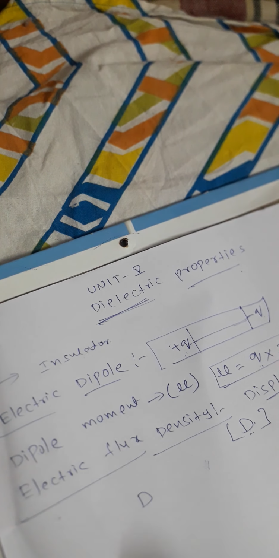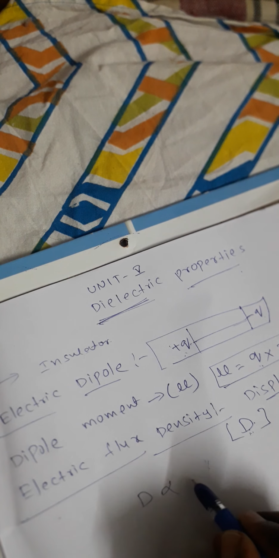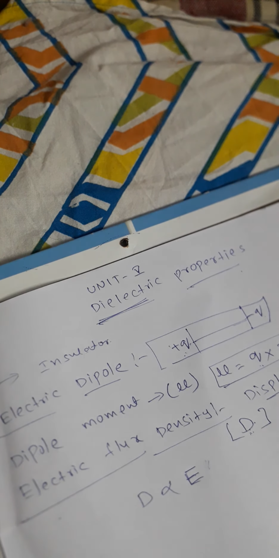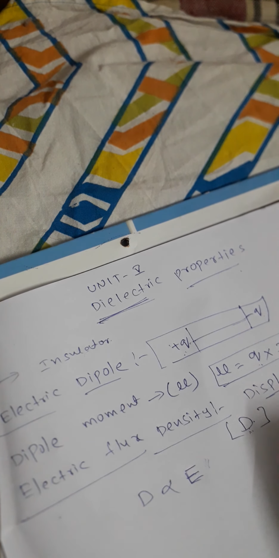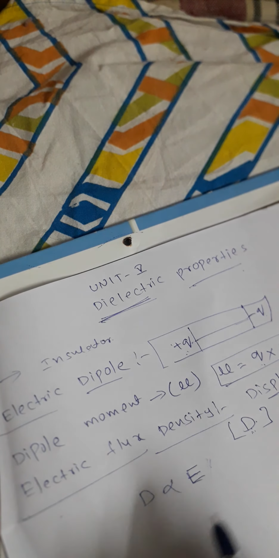This electric flux density is directly proportional to the applied field. Electric field is denoted by E, and applied magnetic field is denoted by capital H. Here we discuss only the electric field in dielectrics.